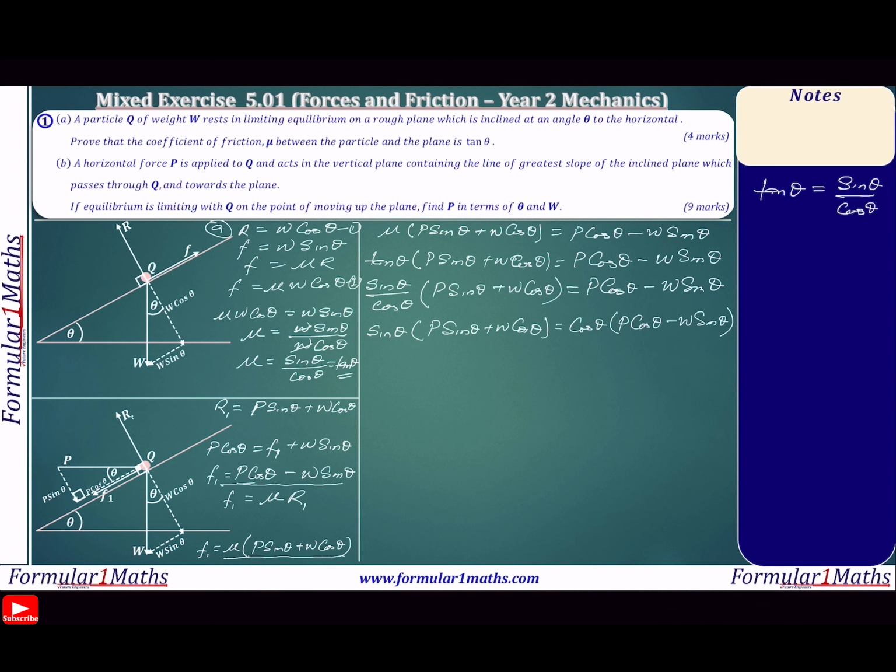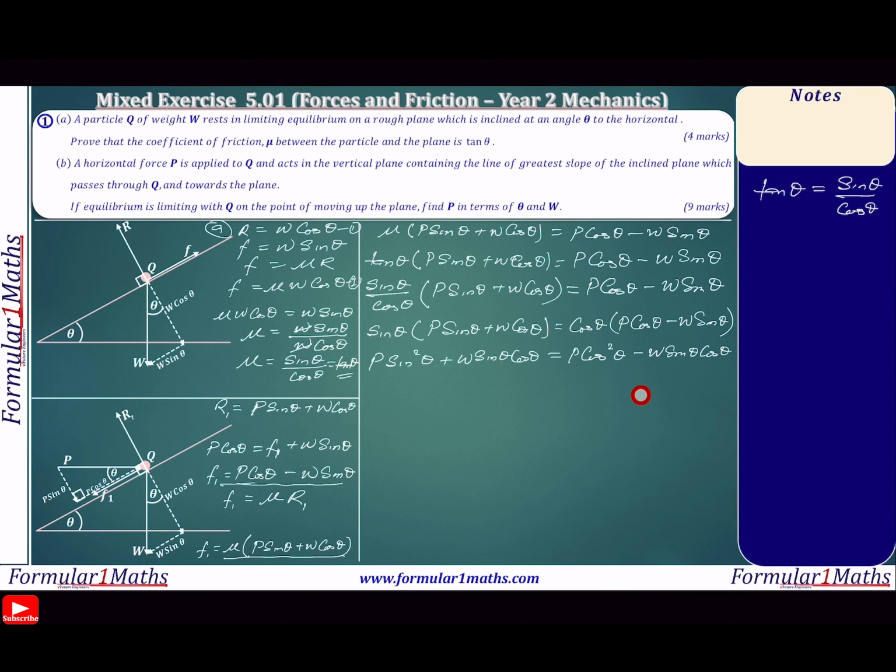If I expand both sides of the equation, I'm going to get P sin squared theta plus W sin theta cos theta equals P cos squared theta minus W sin theta cos theta.